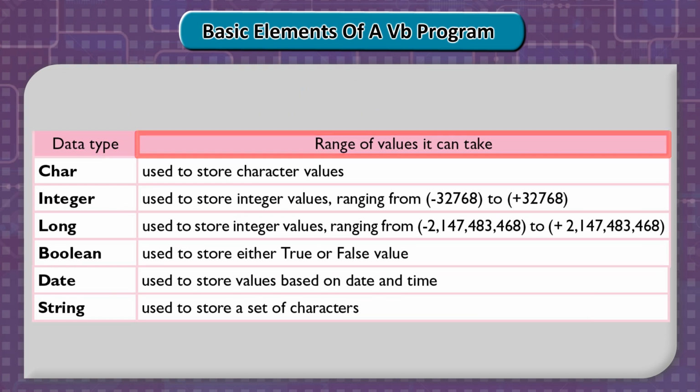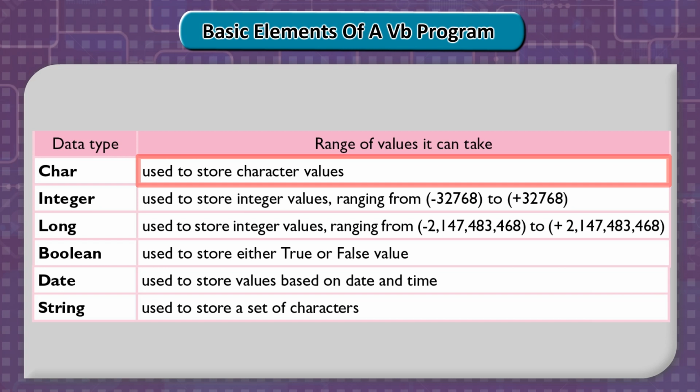Data type. Range of values it can take. Char. Used to store character values. Integer. Used to store integer values, ranging from -32,768 to 32,768. Long.